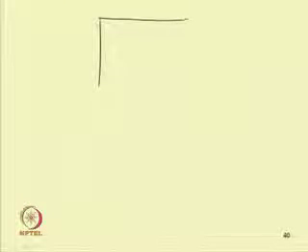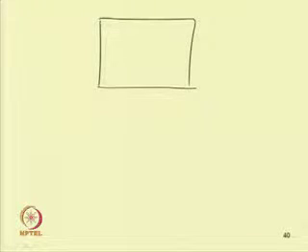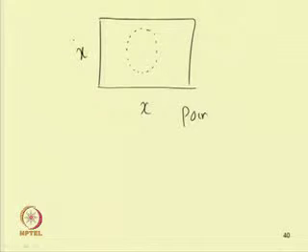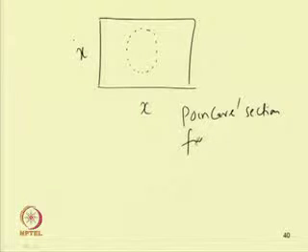Similarly, for a quasi-periodic response, one can find the Poincare section, and this Poincare section will be in the form of a closed loop. This is the Poincare section for a quasi-periodic response.